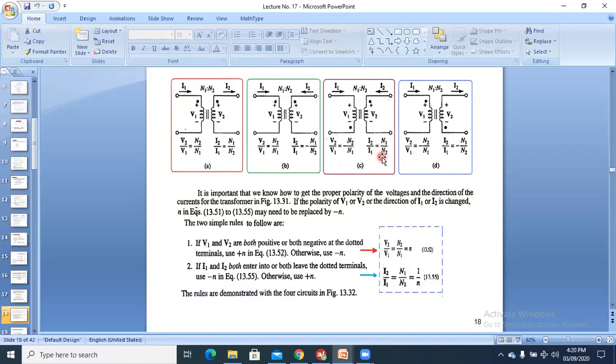So there are 4 into 4, 16 possibilities for the turn ratio of V2, V1 and I2, I1. We need to keep this dot convention in mind when calculating the voltage and the current at the secondary side.